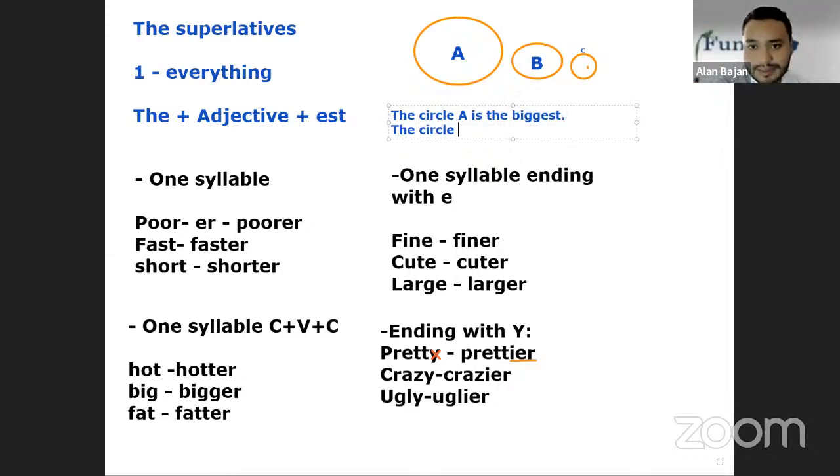The circle Z is the smallest. I am comparing one thing against everything and describing the higher condition or the supreme condition of something.